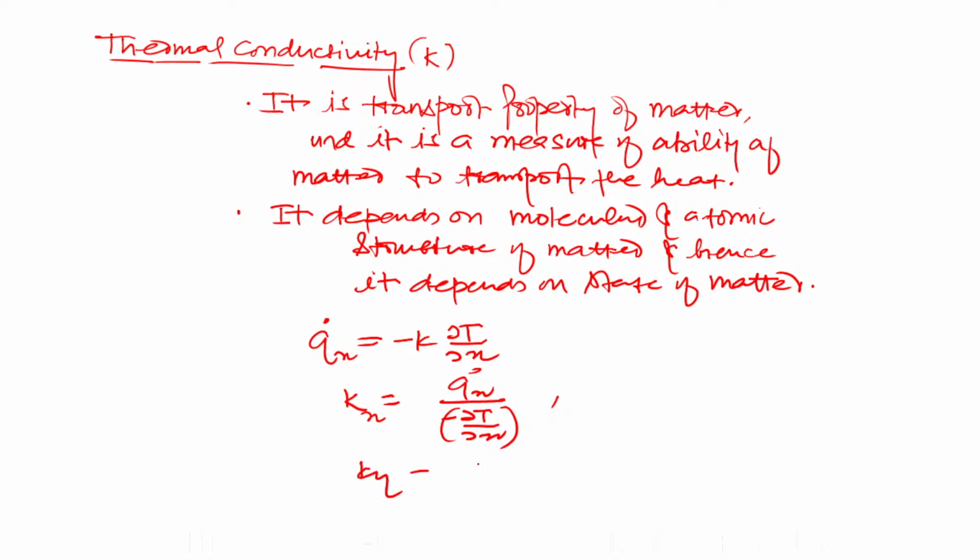Similarly, ky equals q dot y upon minus del T upon del y, kz equals q dot z upon minus del T upon del z. For an isotropic material, where kx, ky, and kz are the thermal conductivity of the material in x, y, and z direction, thermal conductivity will be independent of direction. Then kx, ky, and kz are same as k. Yes or no? Please tell me.